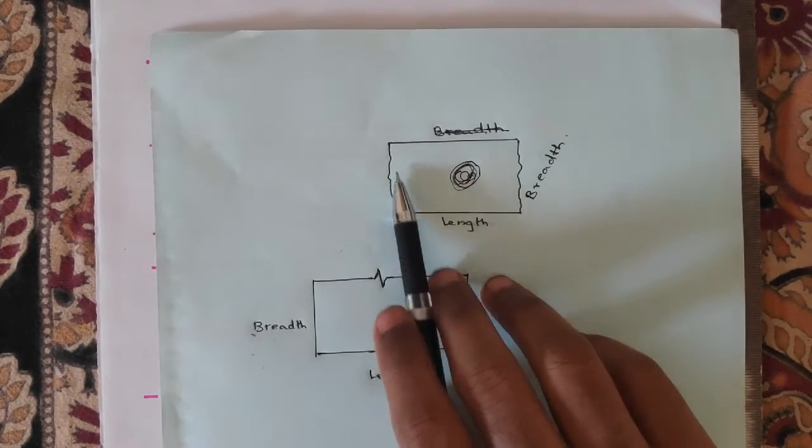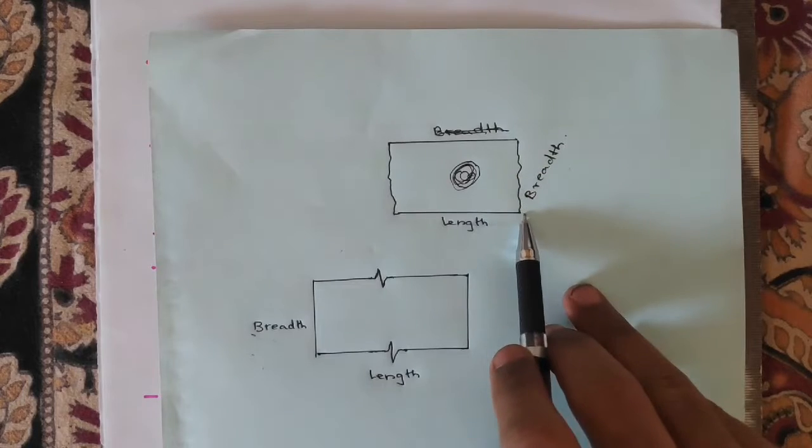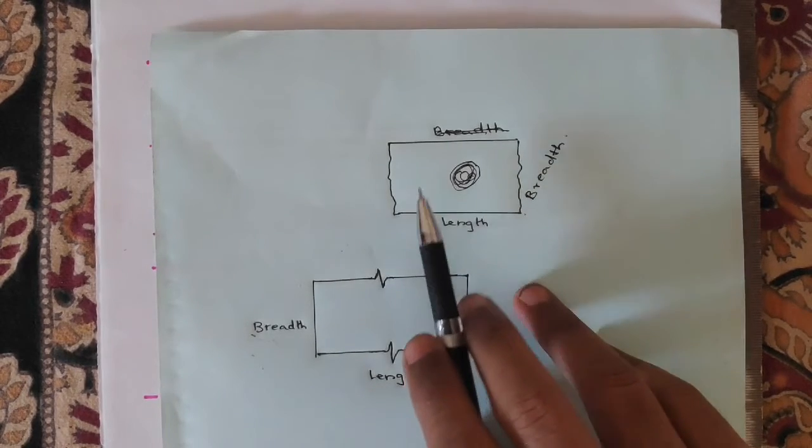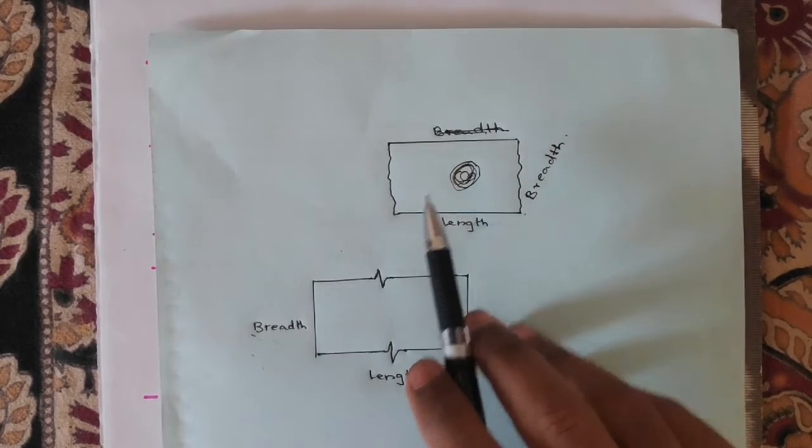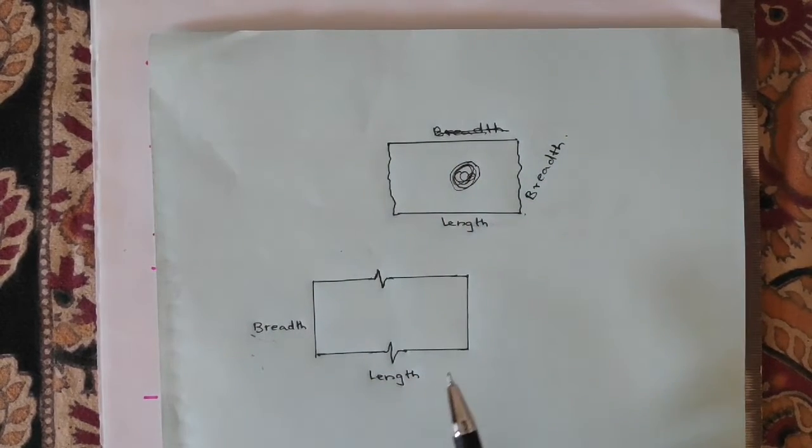So we take these as continuous freehand lines to denote such a type of rectangle. Next, the continuous thin straight lines are used over here.